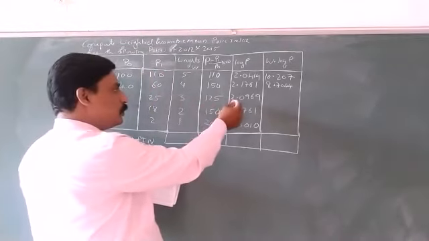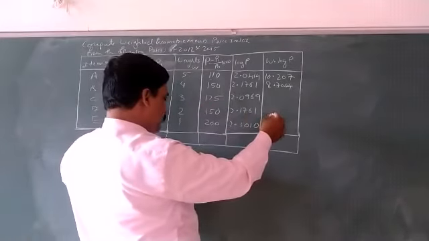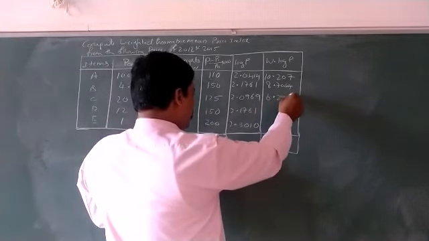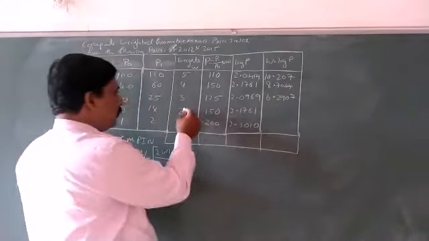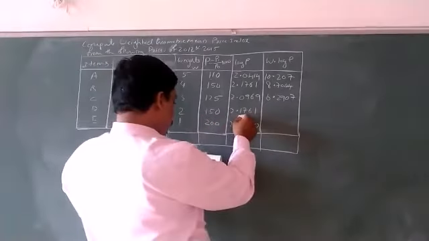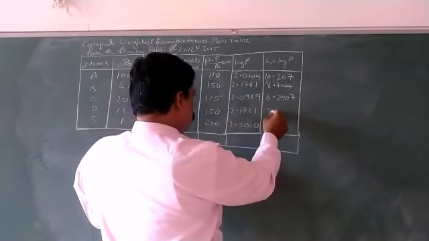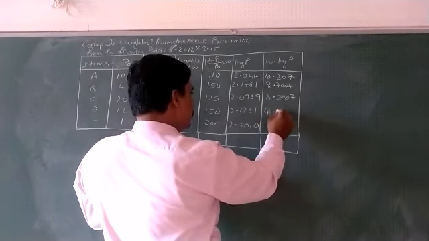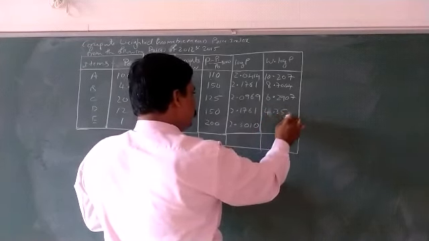Then 3 into 2.0969, we get 6.2907. Then 2 into 2.1761, we get 4.3522.